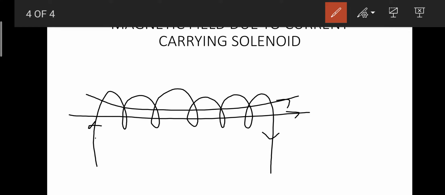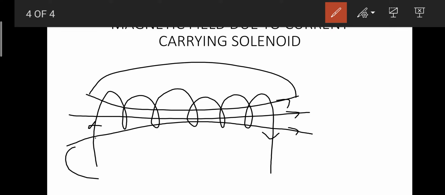I usually draw three of them just to show you that they are going to be curved outside. This is definitely going to be curved outside, like this.